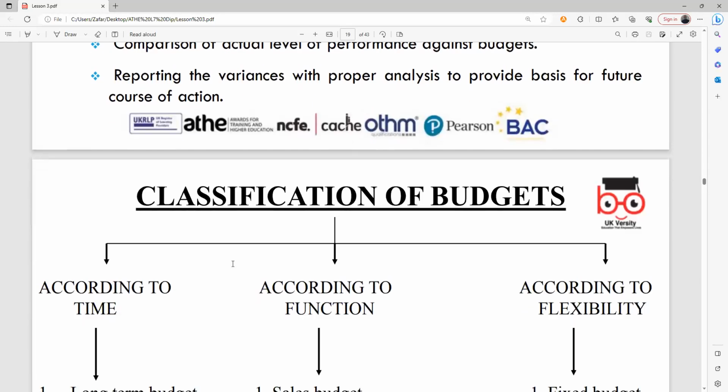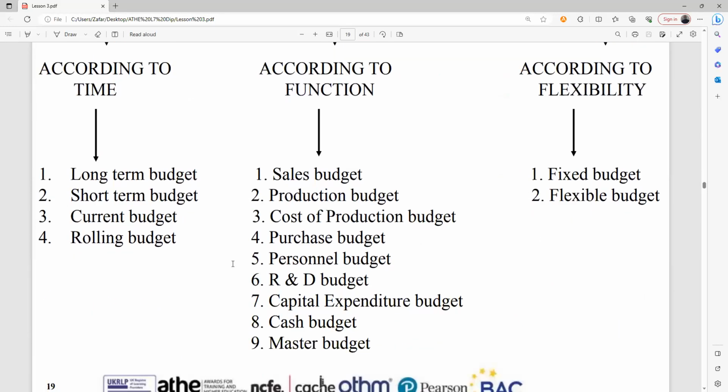There are many types of budgets. Sometimes they are known as long-term budgets, short-term budgets, current budgets, flexible budgets and fixed budgets. According to function, there can be sales budgets, there can be annual budgets.